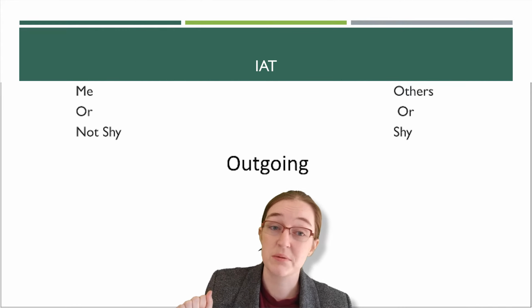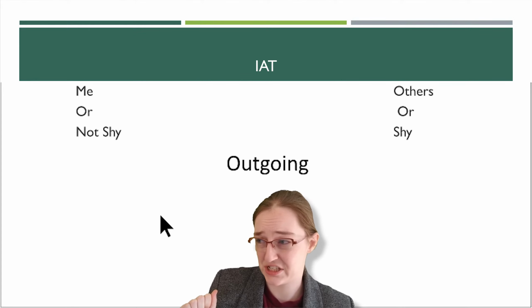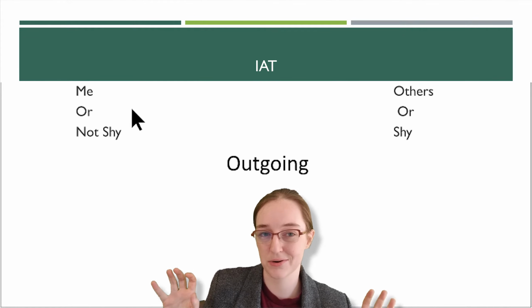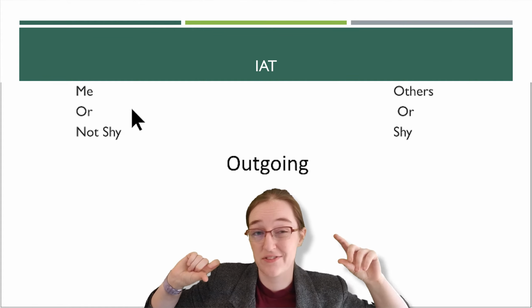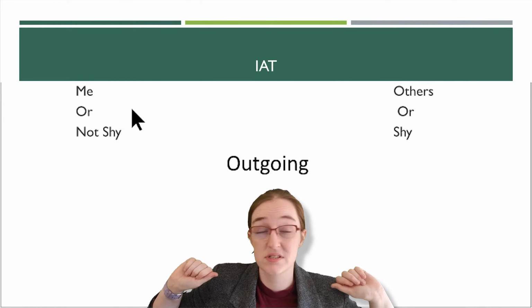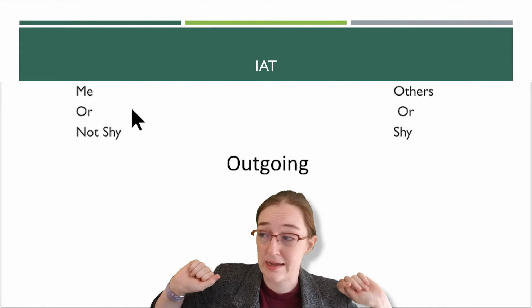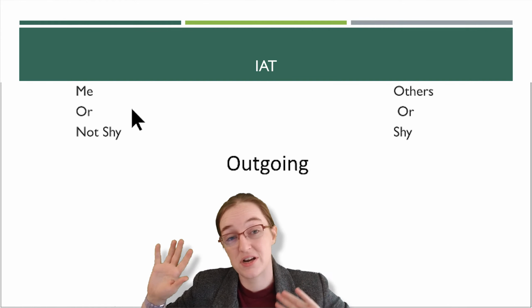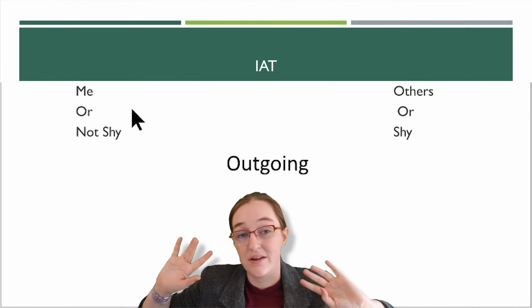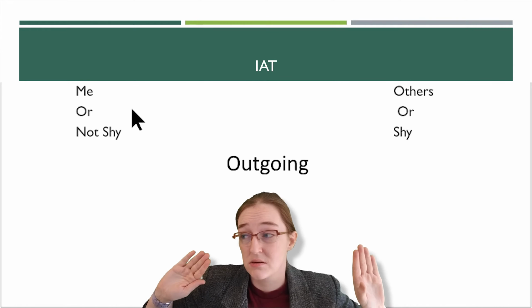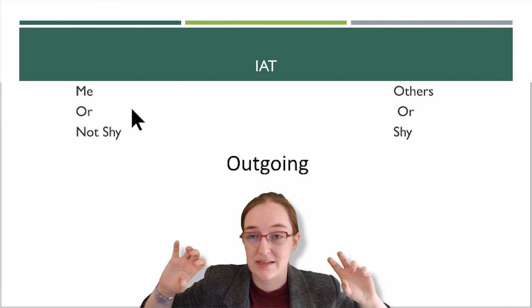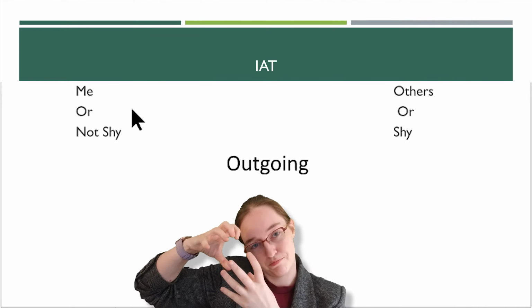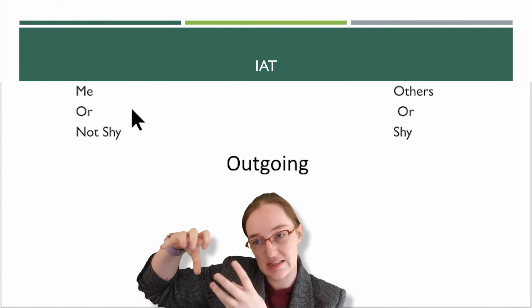Now, you'll make more mistakes, at least that's the logic, when the two things in the two category bins that you're sorting are inconsistent. So if you still view yourself as someone who is shy, and now you have to put things in the me category and the not shy on the same side, you're going to make more mistakes. Because your brain can't be me-shy is one unit that's positively linked together.